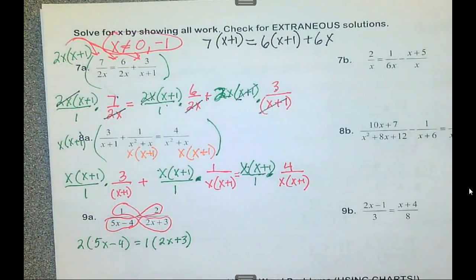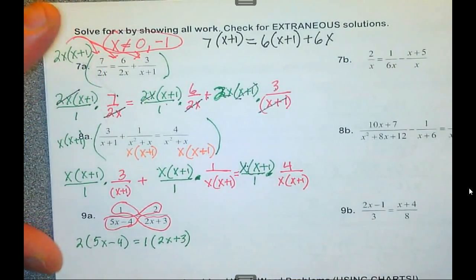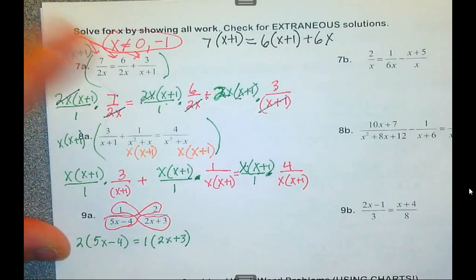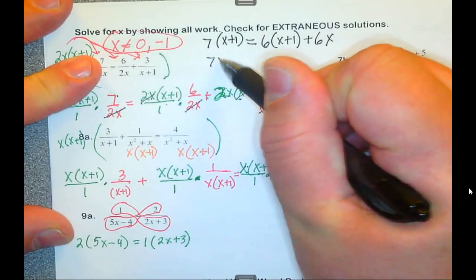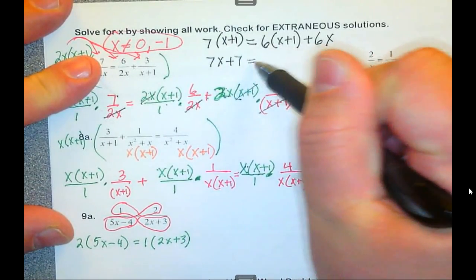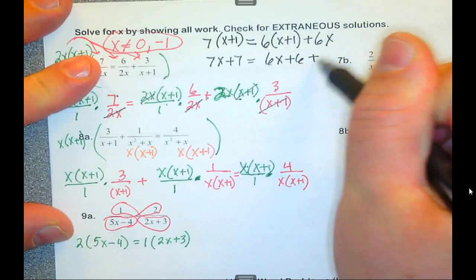You with me? Okay. This becomes a 2-3 step simple algebra 1 problem. Distribute the 7, 7x plus 7 equals distribute the 6, 6x plus 6 plus 6x.